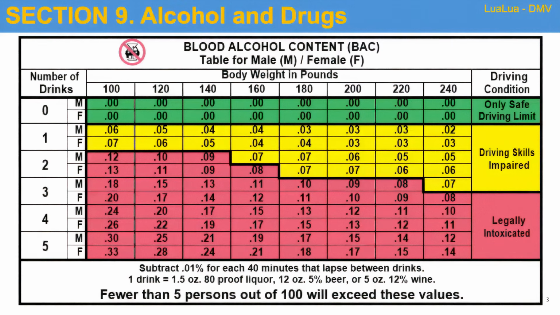It is illegal for you to drive if you have a BAC of 0.08% or higher if you are over 21 years old, 0.01% or higher if you are under 21 years old, 0.01% or higher at any age if you are on DUI probation, 0.04% or higher if you drive a vehicle that requires a commercial driver's license, 0.04% or higher if you are driving a passenger for hire.